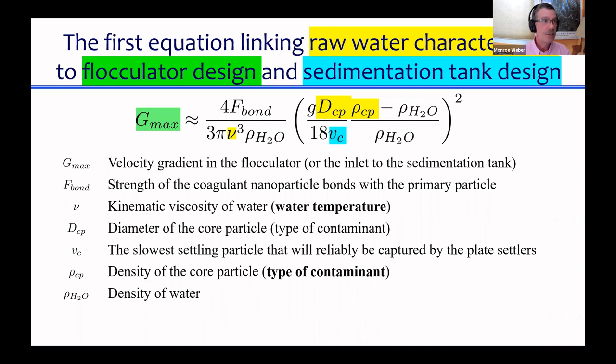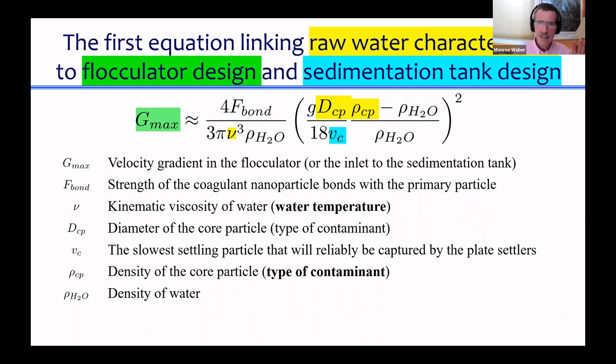The little change in viscosity that might be a factor of 2 between 20-some degrees Celsius and 0 degrees Celsius ends up being a factor of 8 in this equation. So this is hugely important. V sub c is the capture velocity, and that term is squared.